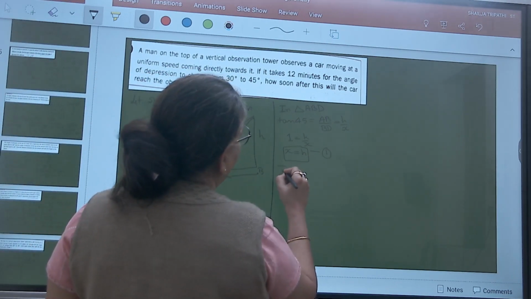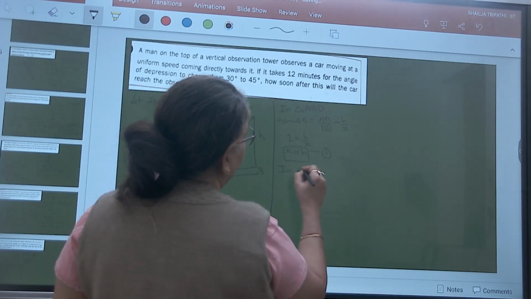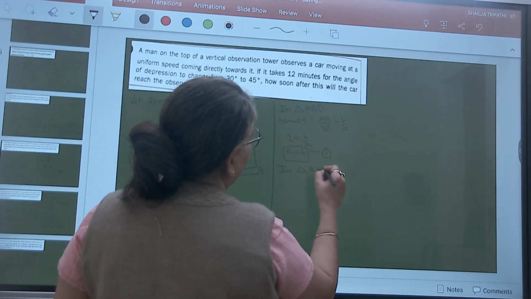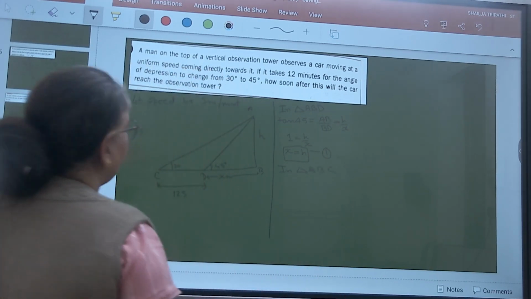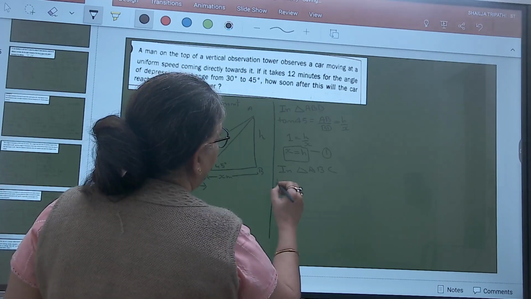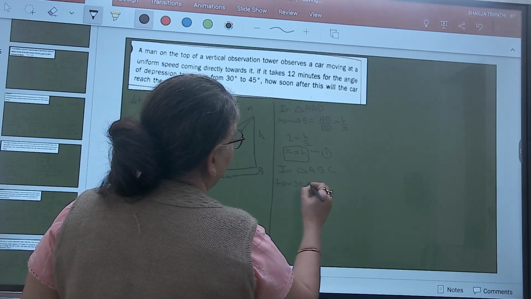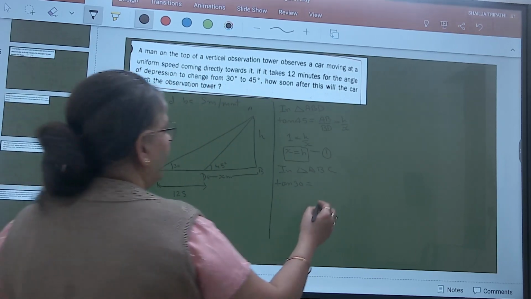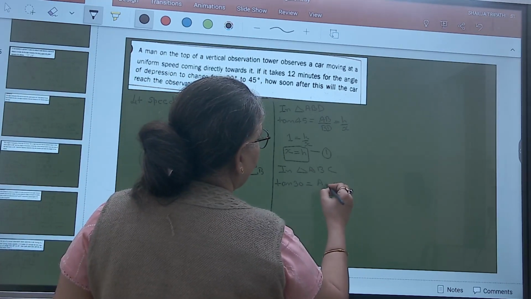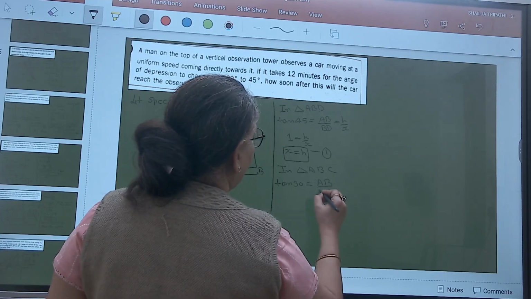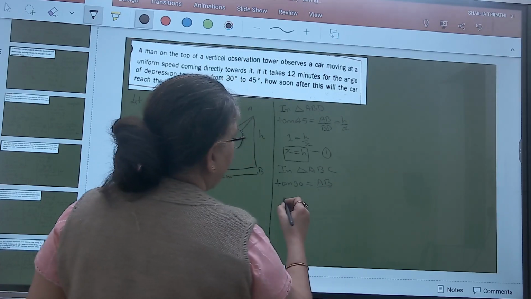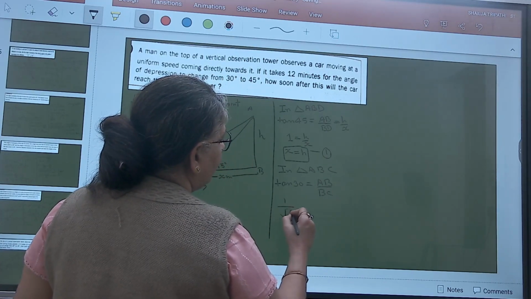In the bigger triangle, in triangle ABC, now we can write tan 30. Tan 30 degree is AB upon BC. Tan 30 is 1 upon root 3.